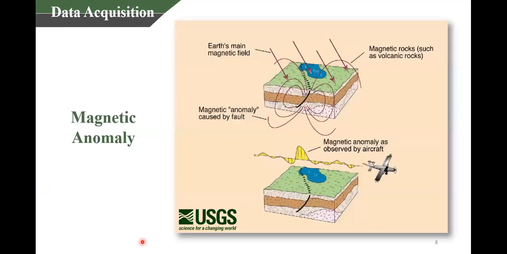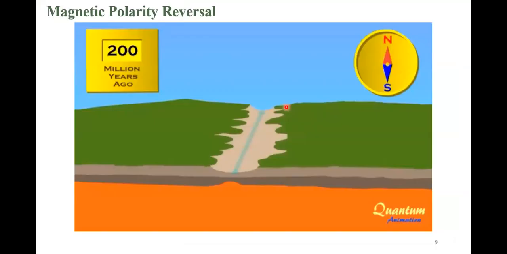Now let's move to the magnetic anomaly, which is the anomaly generated by the interaction of the Earth's main magnetic field with the rocks at the subsurface or surface of the Earth. And I want to explain an interesting feature related to the magnetic polarity reversal, which will help us with the interpretation of the magnetic anomaly maps later.